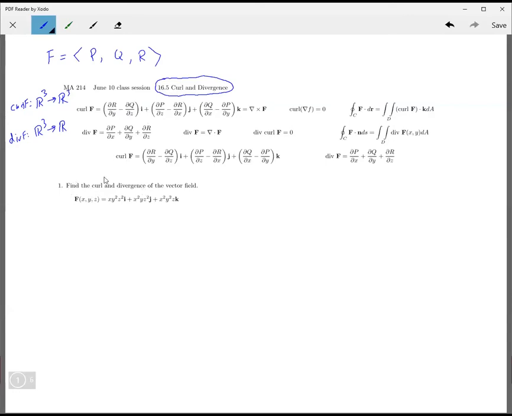Anyways, here we have some more things that go on. One thing that I should mention is that if F is conservative, then the curl is 0.